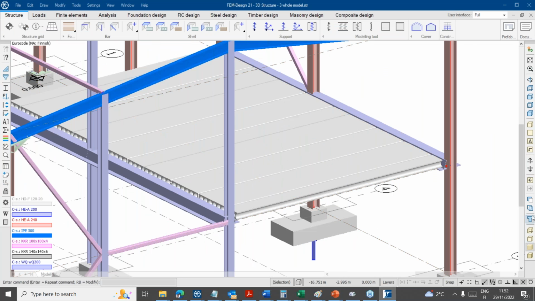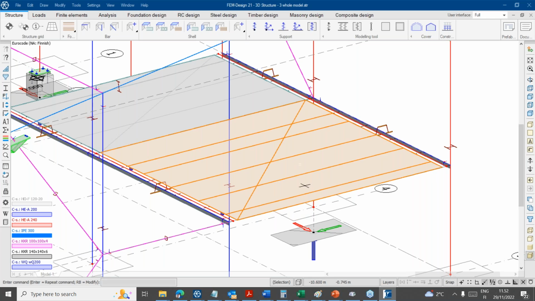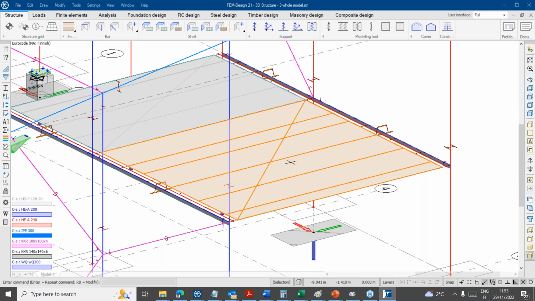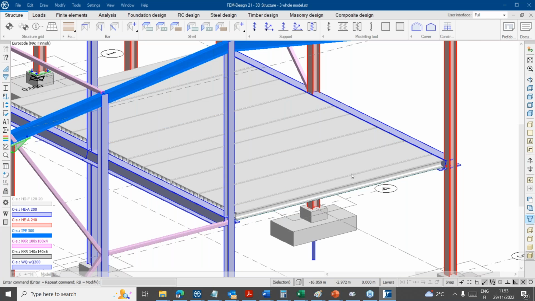So for instance here, we have two models for hollow cores in our software. If you use this one, which has hinges in the cross direction, it will give you really low stiffness in the other direction. So actually this beam is the only load-bearing element in this model if you put those hinges between your hollow core slabs.